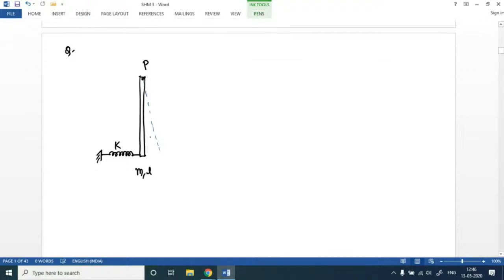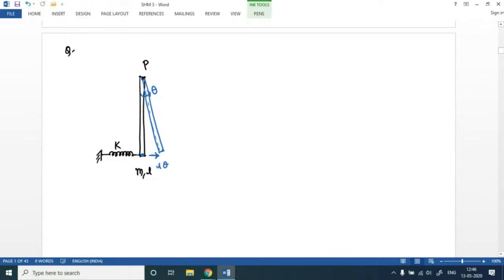If this rod is given a small angular displacement, say its orientation has been changed to this, and let's say this is a small angular displacement theta. At this position, what restoring force would it be experiencing? This extreme point would be moved approximately by L times theta.